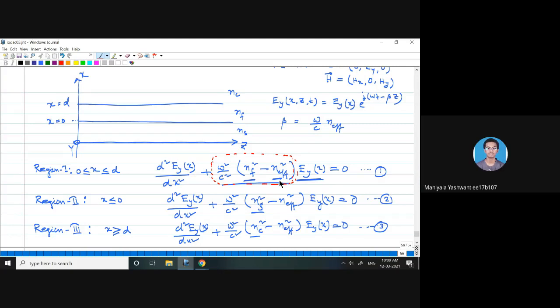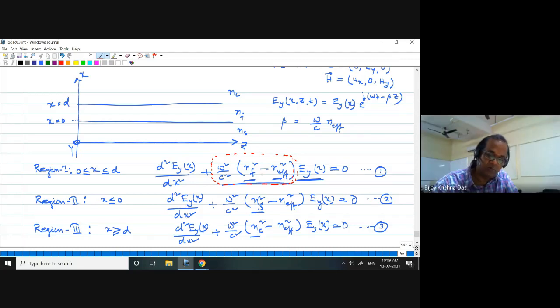Positive. Why? Because in the core we need a guided mode, so we need this to be positive. So we are sure that n effective must be less than or equal to NF, right? Okay, it should be less than NF.